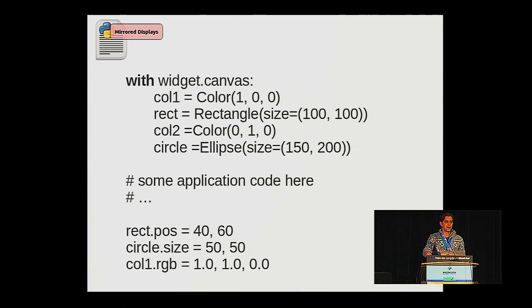And there are some properties of these instructions, like position and size for a rectangle, which you may change dynamically in your application, and it will be redrawn, because each time you change the property of one of the instructions, it triggers the redrawing of the canvas. So you may change the size of the rectangle somewhere in the application, and it will be redrawn immediately.